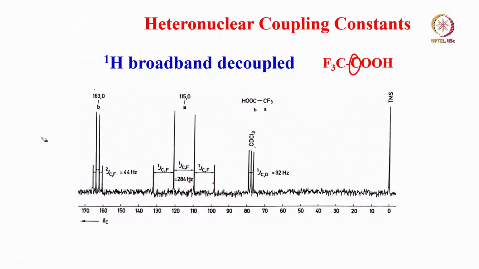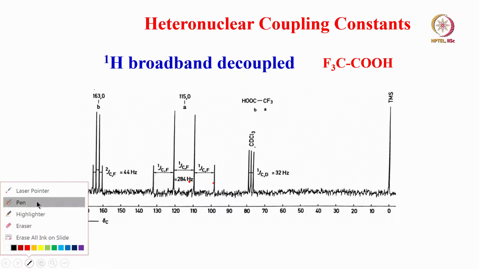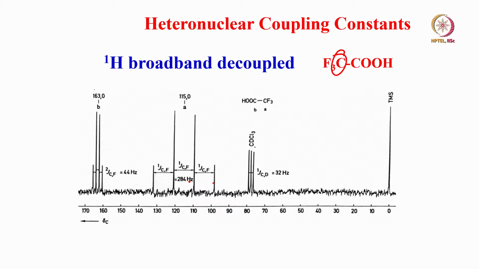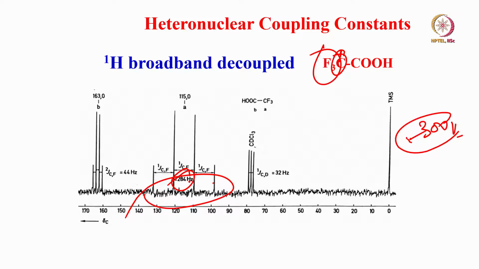This carbon can couple to the fluorine. As a consequence, the 3 chemically equivalent fluorines split this carbon into a quartet. And interestingly, the CF coupling is very large. It is of the order of nearly 300 Hertz, 284 Hertz. The one-bond carbon-fluorine coupling is so large, around 300 Hertz, and with a negative sign. So this large quartet with a large separation must be the carbon attached directly to fluorine.